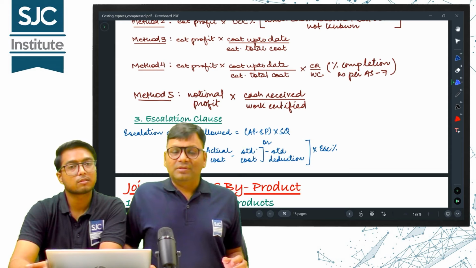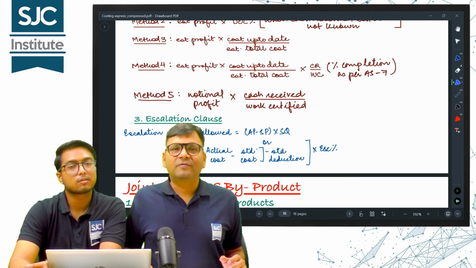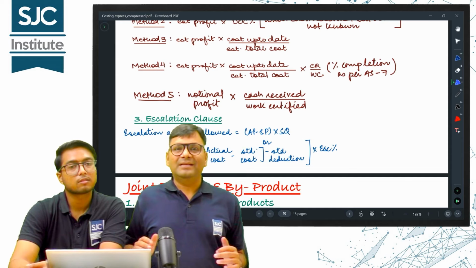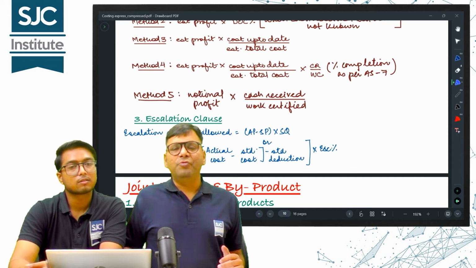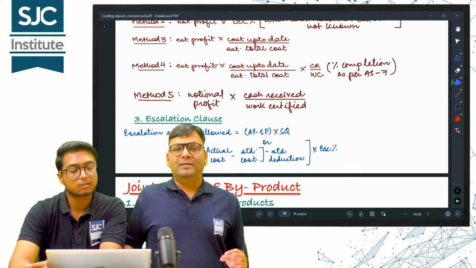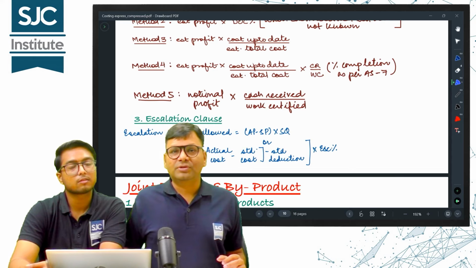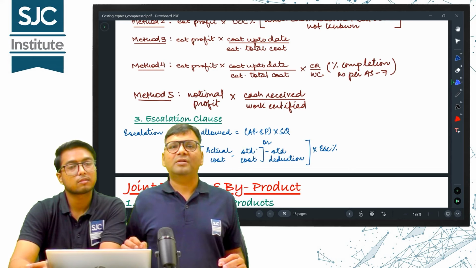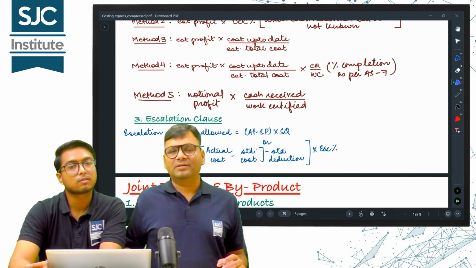This escalation amount is usually supposed to be part of the new work certified. If the work certified is not incorporating this escalation amount, then we have to include that in our contract account just below the work certified. This escalation amount is not used in working out profit to be transferred to PL, where we also need work certified.